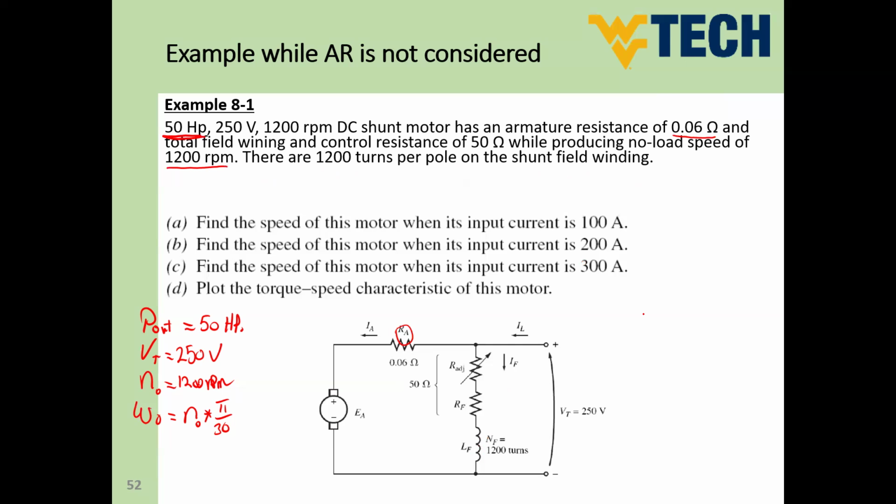It's a very straightforward question just to allow you to know how to use the relations in the case of the shunt connection machine. So we need to find the speed of this motor when its input current is 100 ampere.